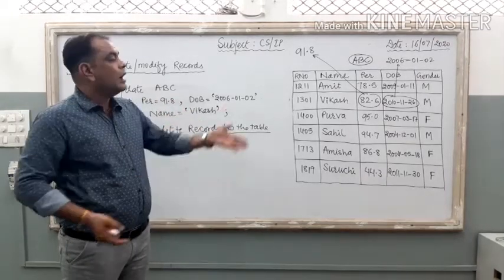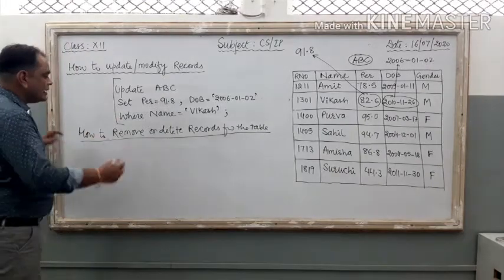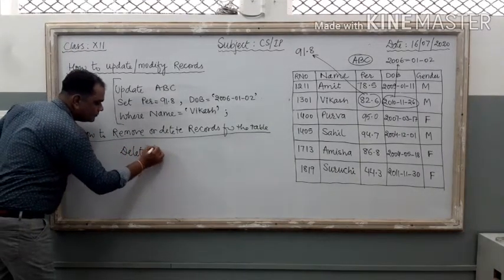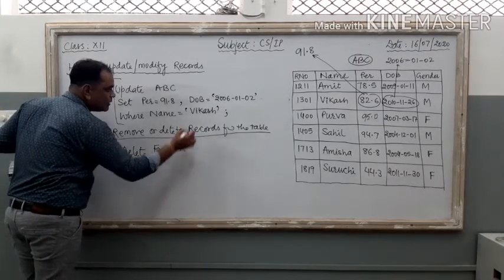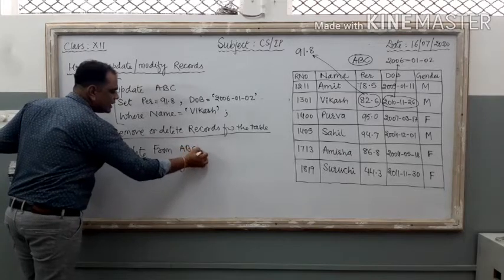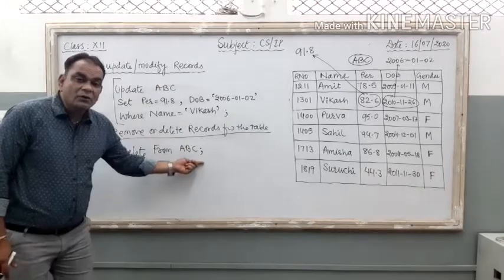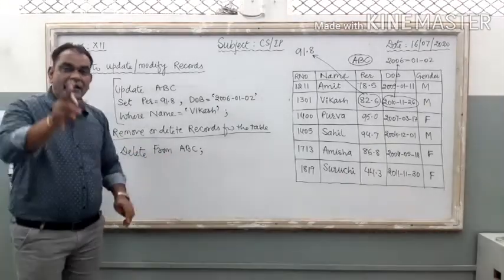Now the last one, how to delete a particular record, right? If you want to delete the record, the command is delete from, and here just write the table name. My table name is ABC, so I write ABC. If I execute this command, delete from ABC without where, क्या होगा?